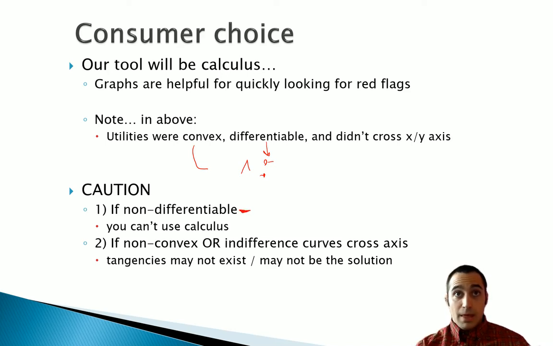Similarly, if you observe an indifference curve for a utility function for a consumer demand problem, and you note that this indifference curve is either not convex, that is, it's either a straight line or it curves downwards, or these indifference curves cross the axis, i.e. I have perhaps convex things, but they do this, well, in those cases, the tangency you want may not exist in the interior of the graph. And the tangencies you find might not even be the solution. In order to show exactly what happens in cases 1 and 2, we will often look at utility functions that cause this, dependably. We'll call these the usual suspects. And I'm going to show 2 of those now.